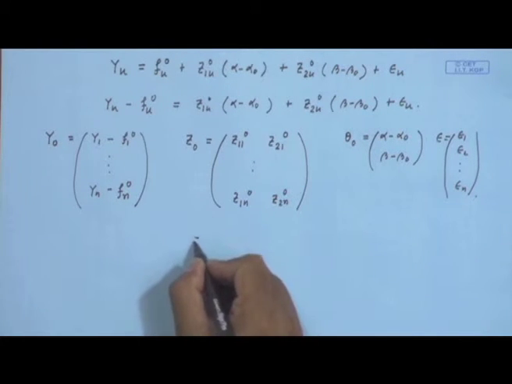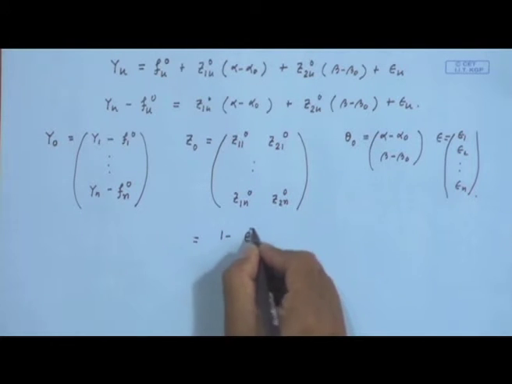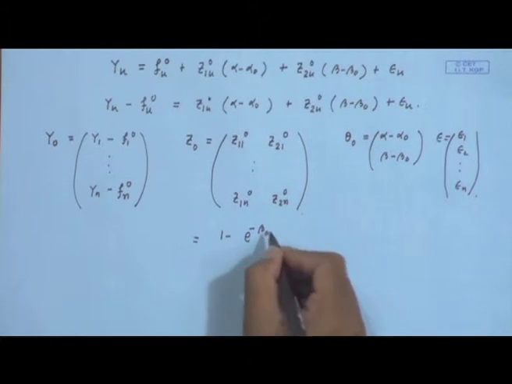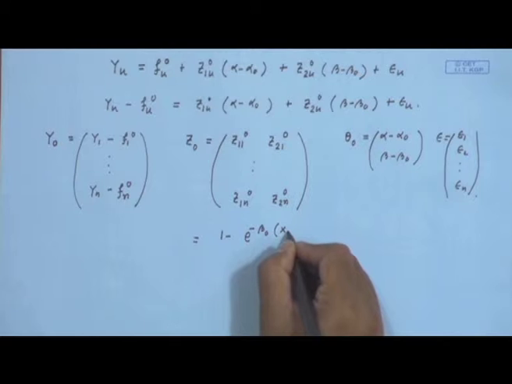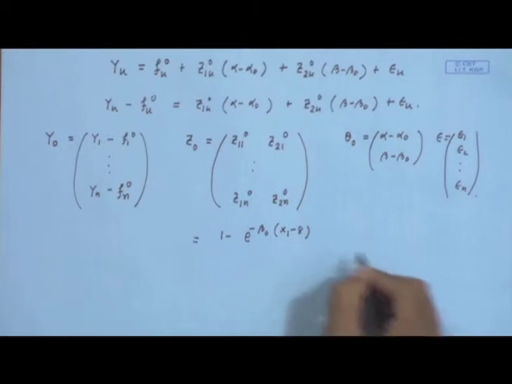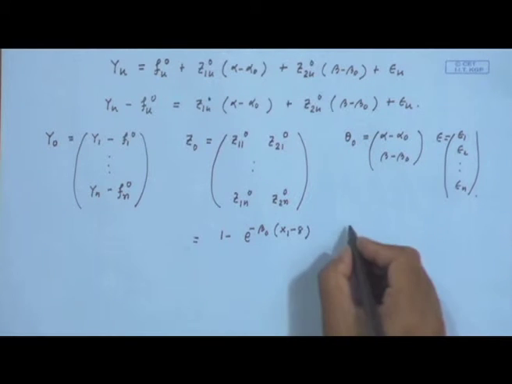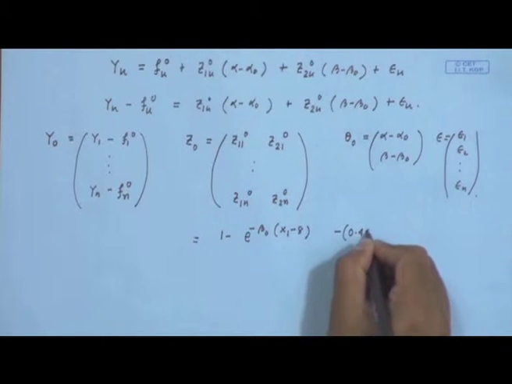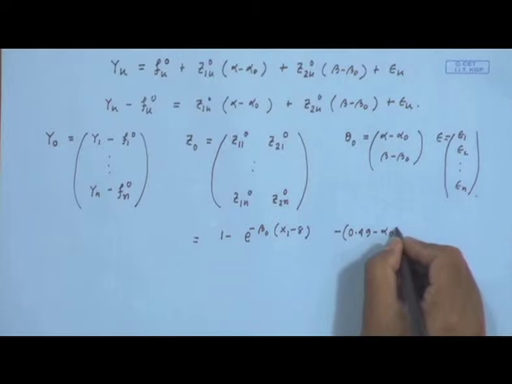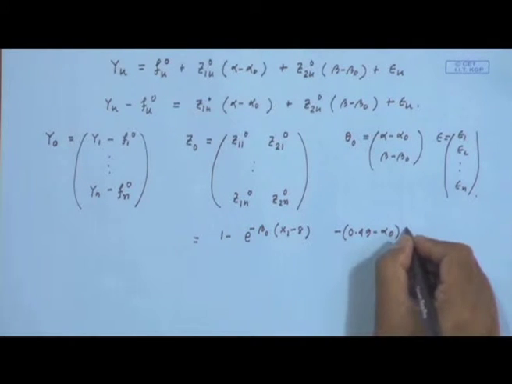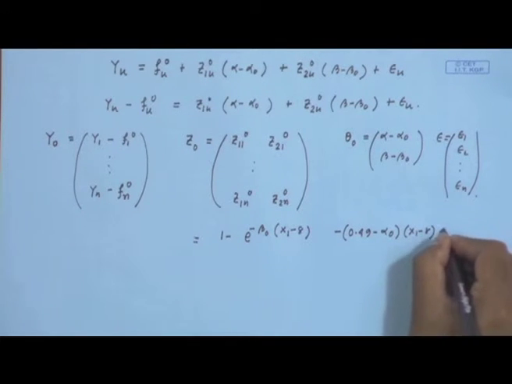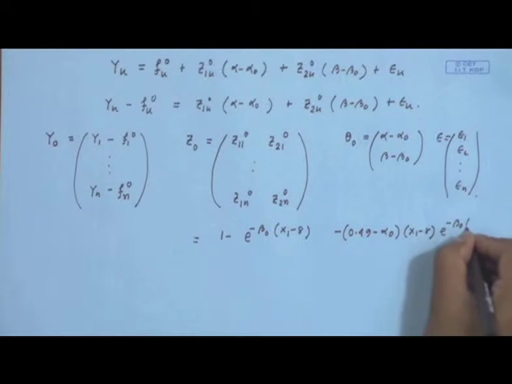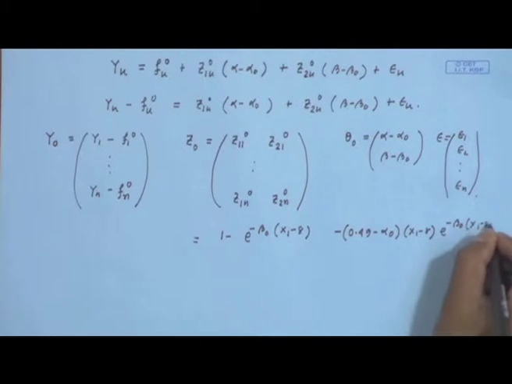So, this one is basically 1 minus e to the power of minus beta naught into (x_1 minus 8), and Z_21 is basically minus 0.49 minus alpha naught, and (x_1 minus 8) e to the power of minus beta naught (x_1 minus 8).